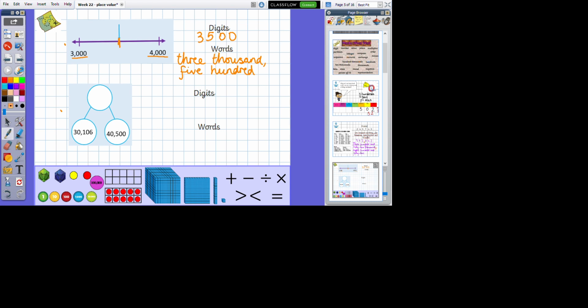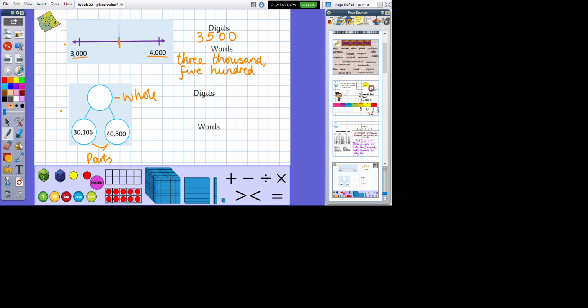If we have a look at this one, this is what we call a part whole model. So this empty square here is my whole, and these two here are my parts. So for this example, I need to add my parts to find the whole. So I need to do that first before I can do the digits and the words.